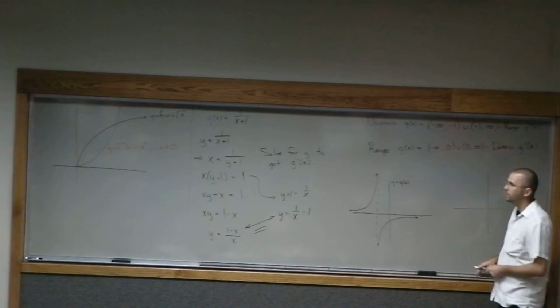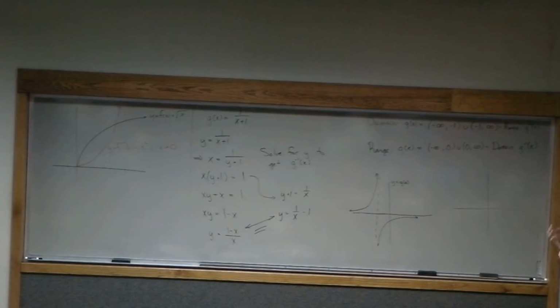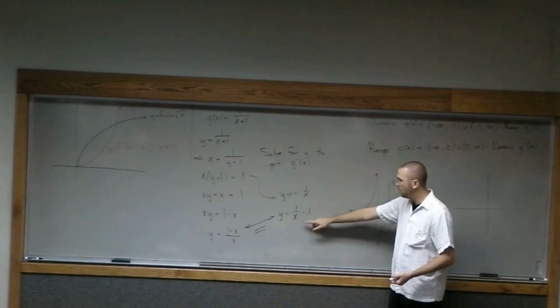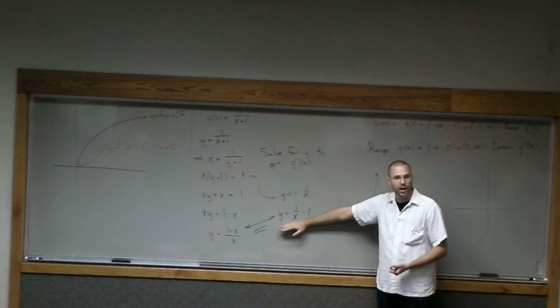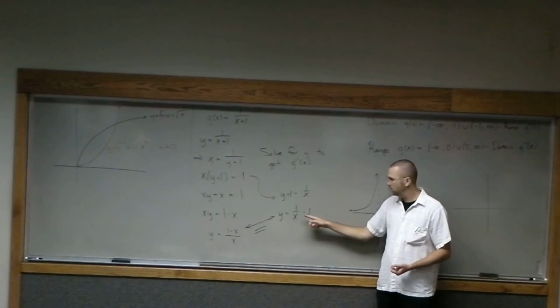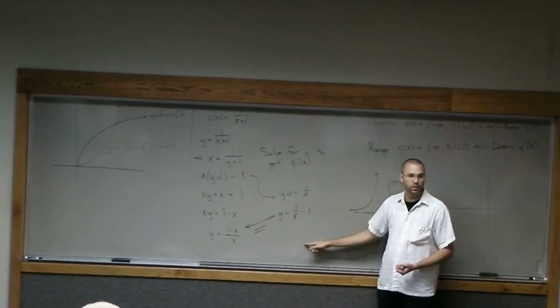In graphing the inverse, I personally would probably go with this second function. I'd probably go with this notation because I can identify this graph as being the graph of 1 over x shifted down 1 unit, right?